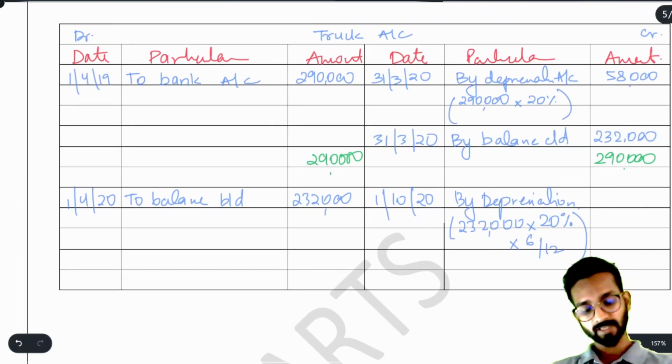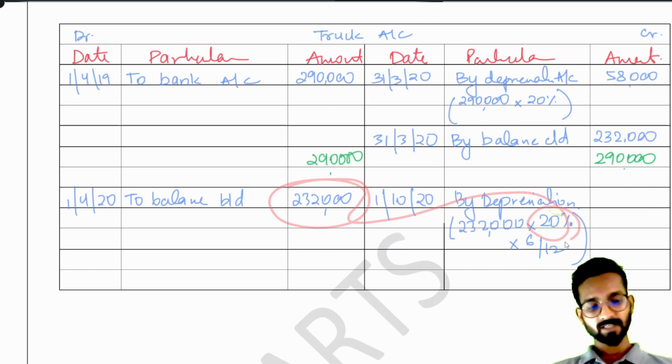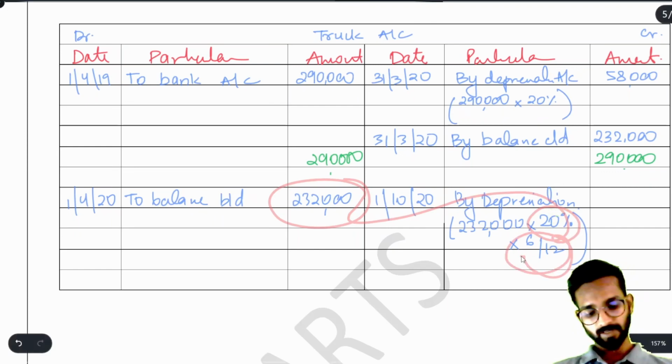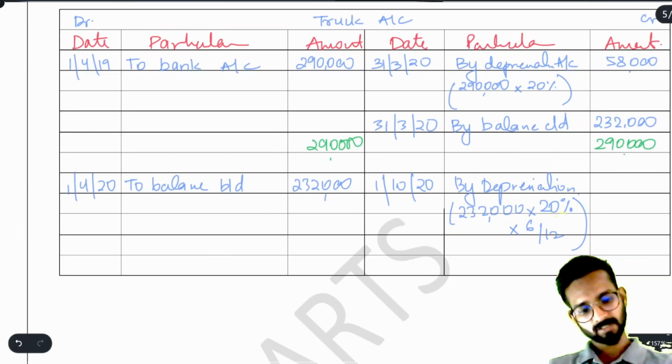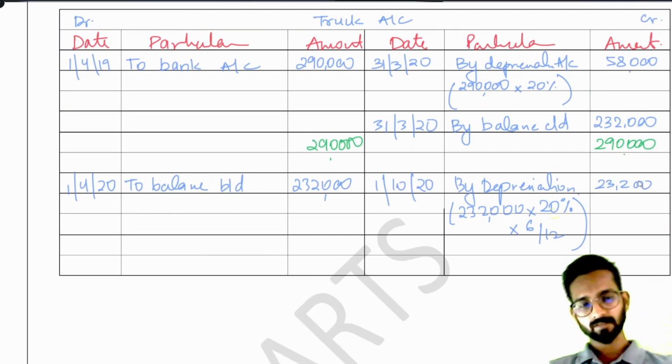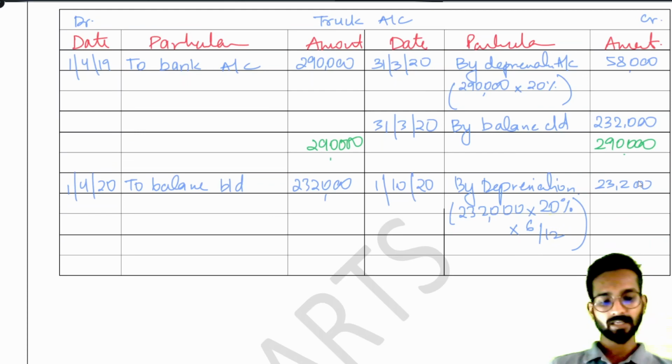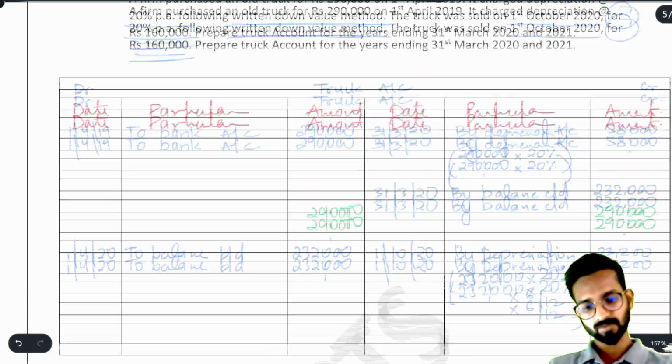Please focus on the calculation. This was the opening balance, on this 20% depreciation, then multiply by 6 divided by 12. Understood? Now we can say that depreciation will be 23,200. Simple.